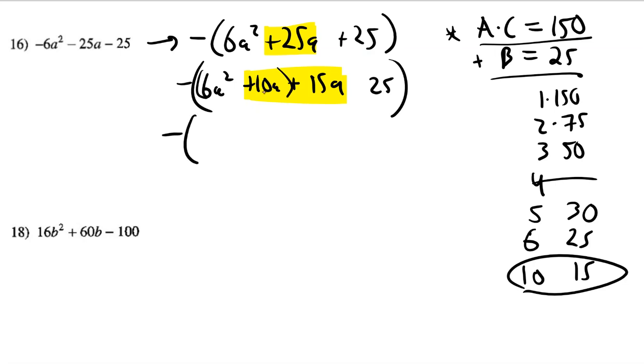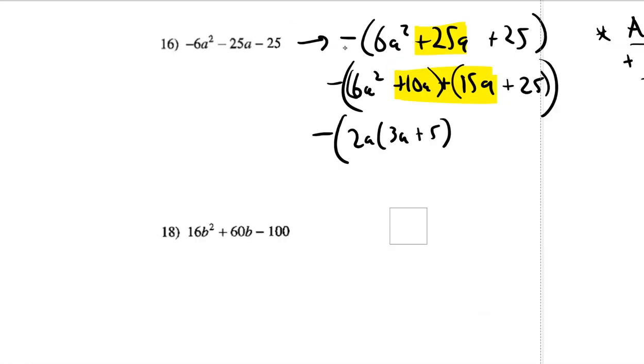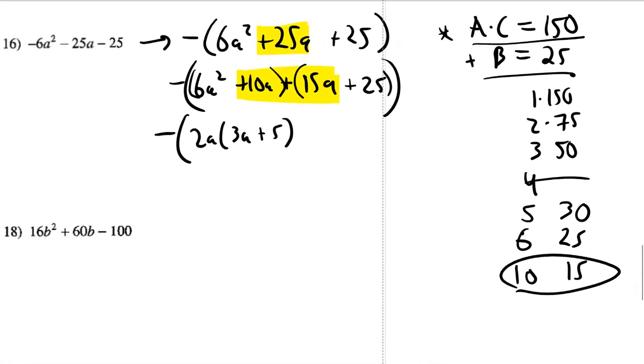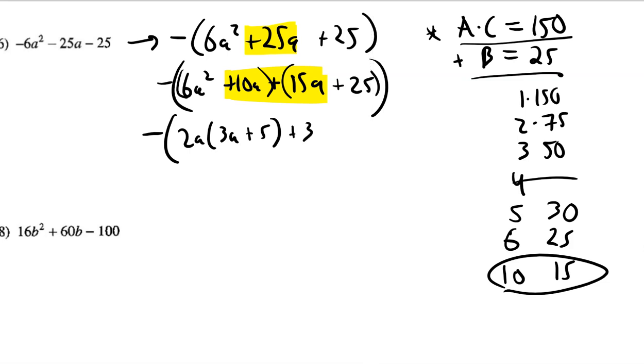Now, when I group these two and pull out a GCF, and I group those two and pull out a GCF, I know in this factor by grouping process, these binomials have to be the same, so that's a good sign.